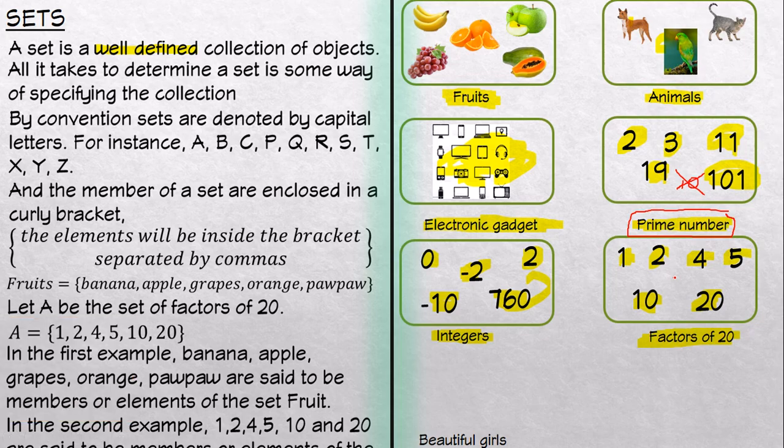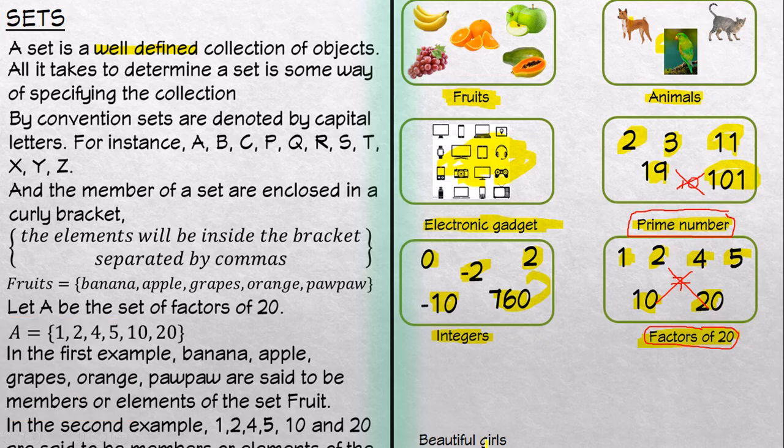We cannot have a number like 7 in here. It means that 7 cannot be part of the factors of 20 because that is how we are defining the collection. So if we come to this container, the only things that we are supposed to see are numbers that are factors of 20.